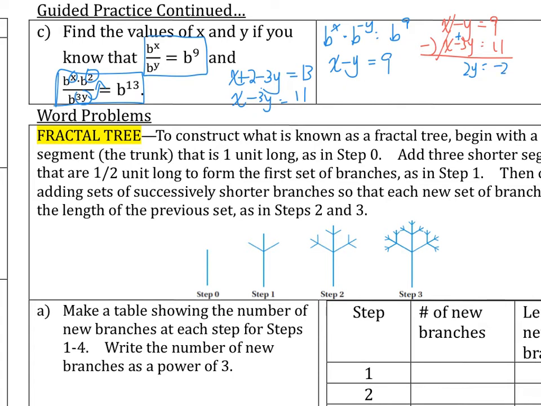So y would equal negative 1. And I'm going to use this equation here. I'm going to substitute y for negative 1. So x would equal 8. And these are my answers.